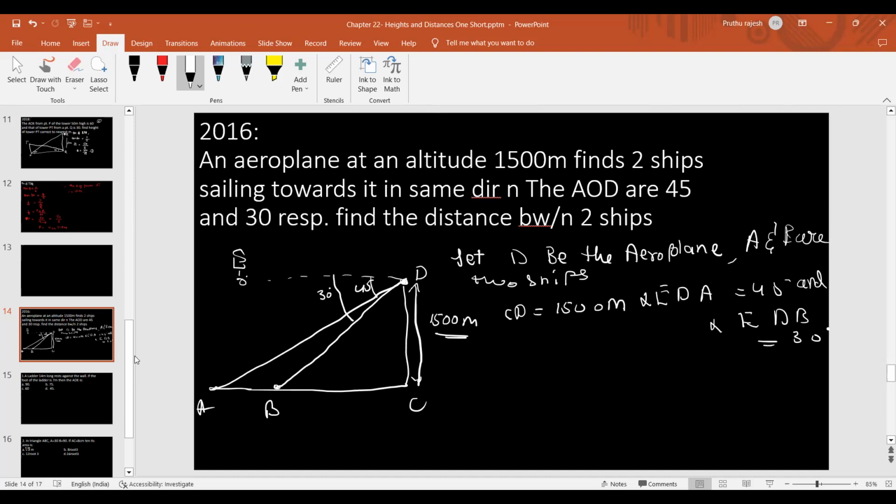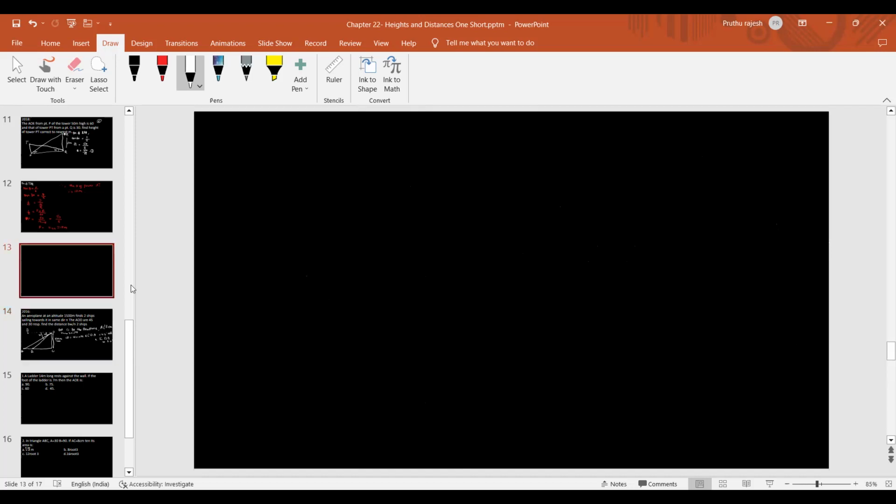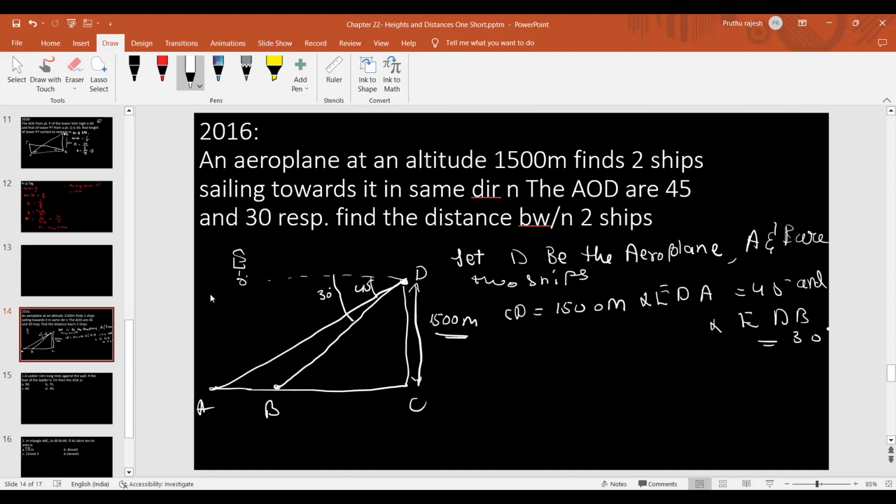Now from the information we can solve this problem, not an issue. So first one in the big triangle, DBC. So DBC in this triangle.